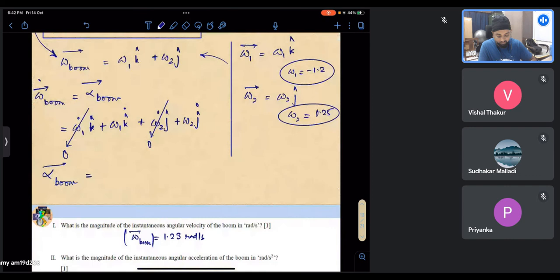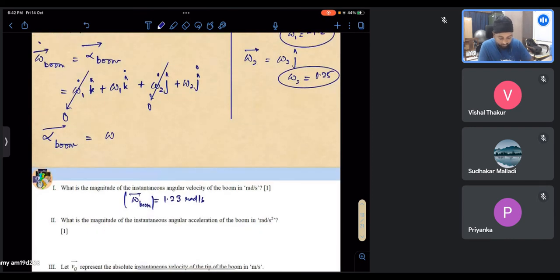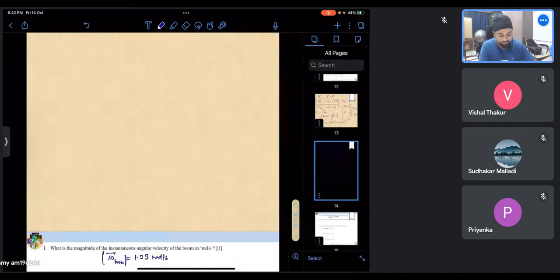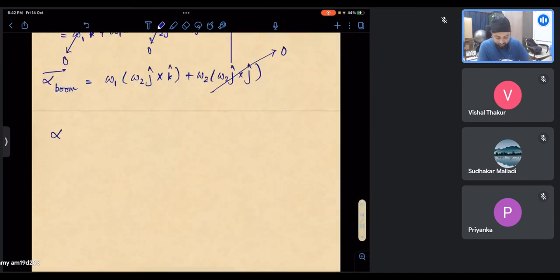So if we see, it is nothing but omega 1 into omega 2, j cap cross k cap, plus omega 2 into omega 2, j cap cross j cap. This goes to 0. It is the same vector. So essentially my angular acceleration is brought about by directional change.